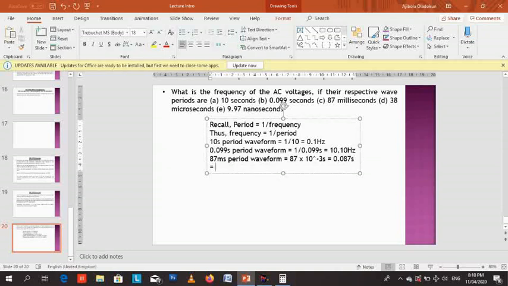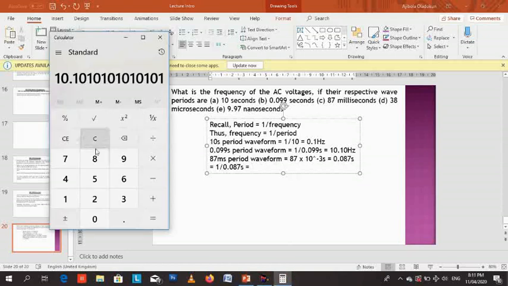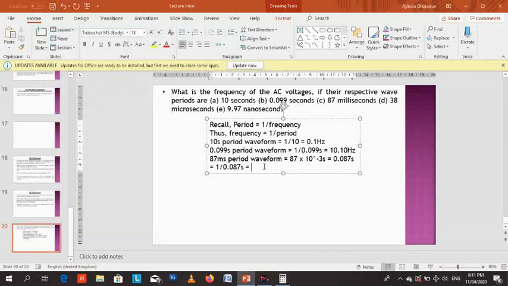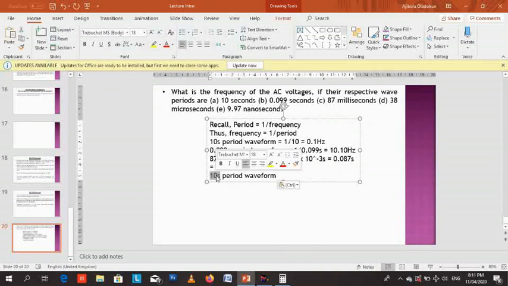The frequency is just the reciprocal: 1 divided by 0.087 seconds. You must not divide while it's still in milliseconds form; you have to convert it back to seconds. So 1 divided by 0.087 is 11.49 hertz. So 11.49 hertz is the frequency of the signal.